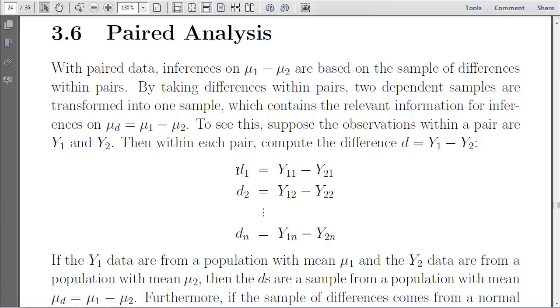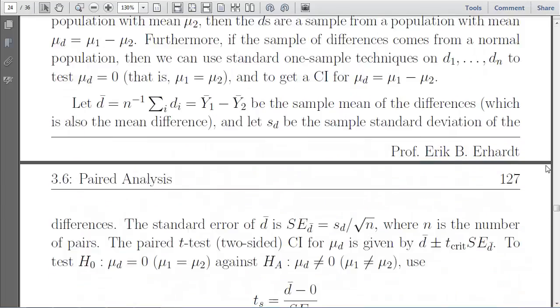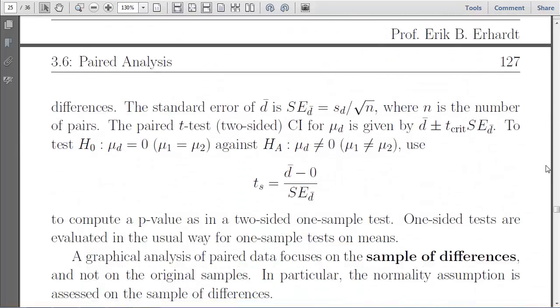I hope that makes sense, that we now have just a single column, and our response variable now is the difference between the two paired values. What does that mean? It means we can go back a chapter and perform a one sample inference on the differences. All right, so I'm just scrolling through.